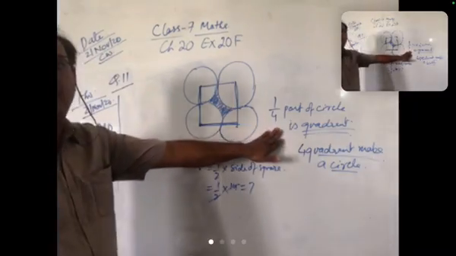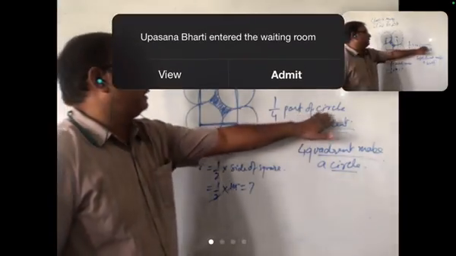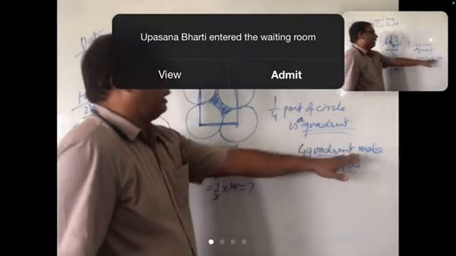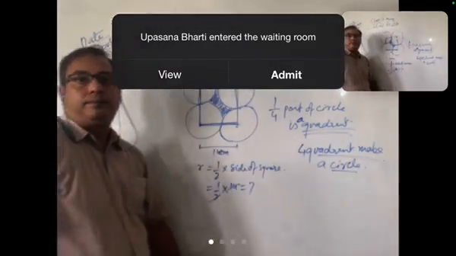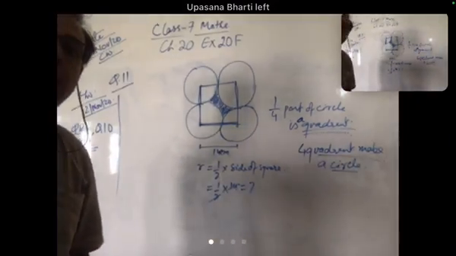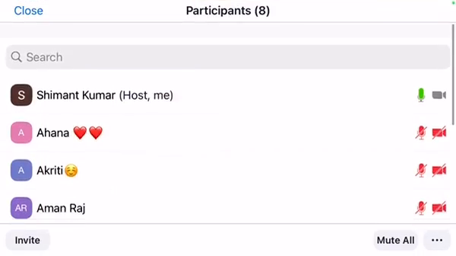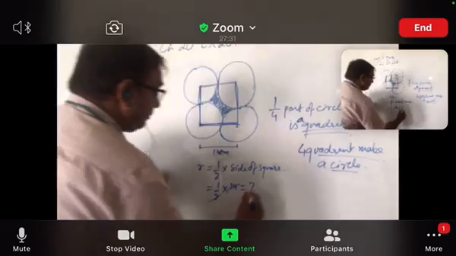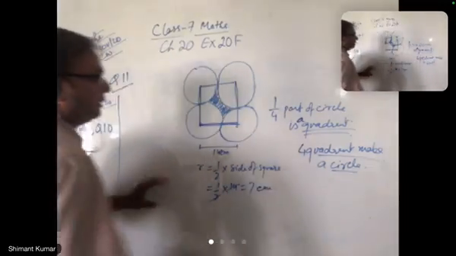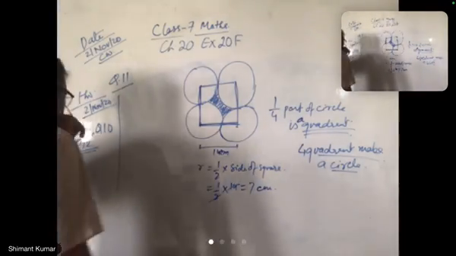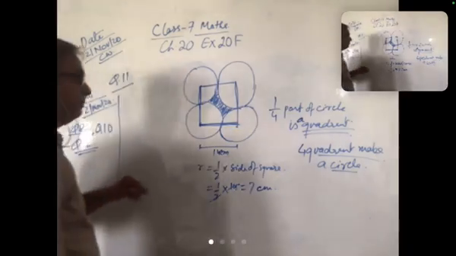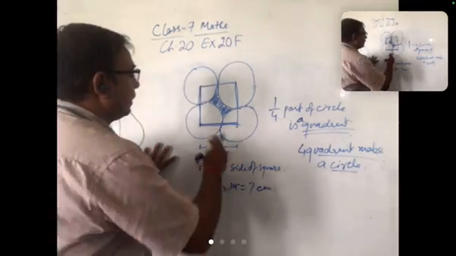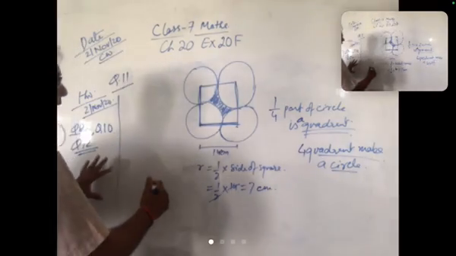Everyone must write this. 1/4 part of a circle is a quadrant, and four quadrants make a circle. So the radius of the circle is here, and we have to find the area of the square.